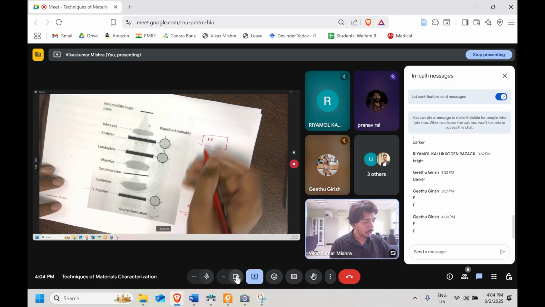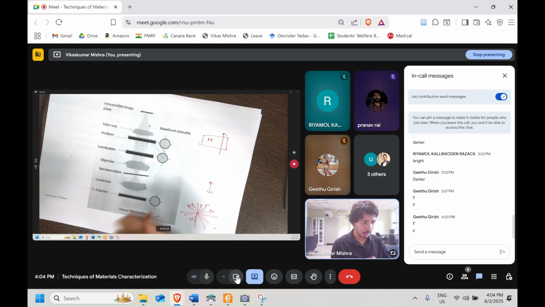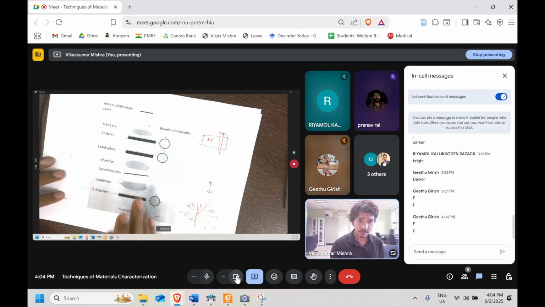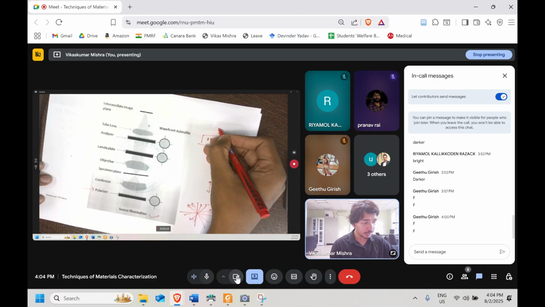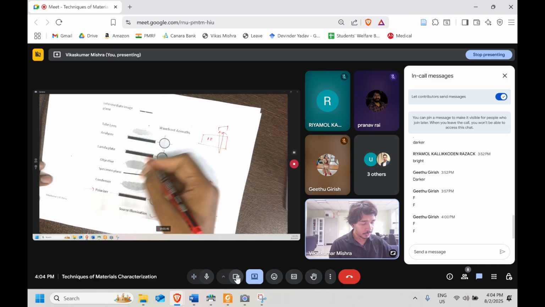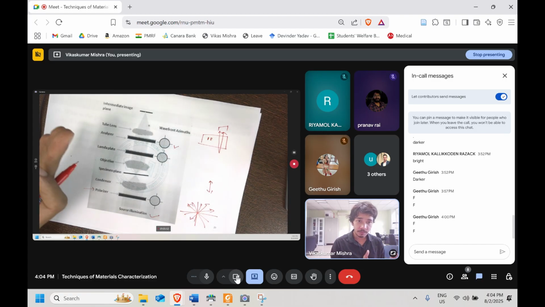One of the light beams passes through one region, another passes through another region, and with that we get a path difference. Once the beams come back, they combine with each other and tell each other what difference they have faced, and that is what we are going to see on the screen.